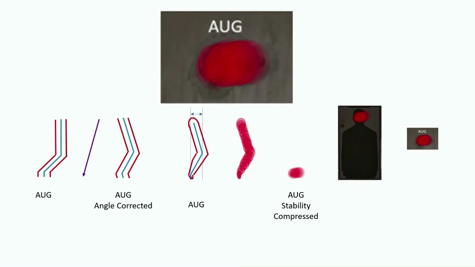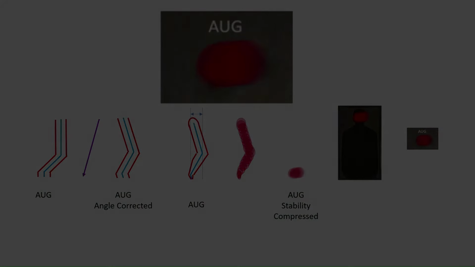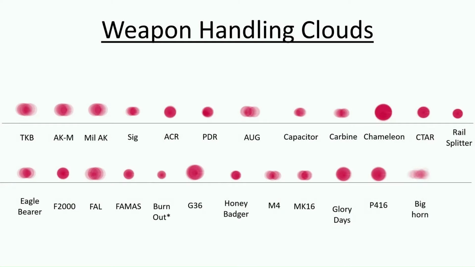And so on the wall, we still had a kick out to the right of where the probability of me being able to contain that shot within the confines of the target reduced. And this is what we end up with: weapon handling probability clouds for all the weapon systems.